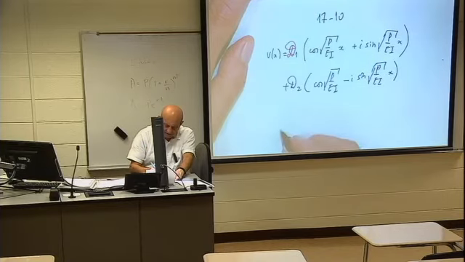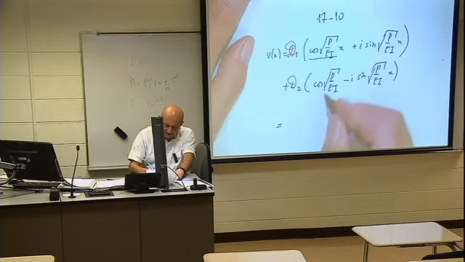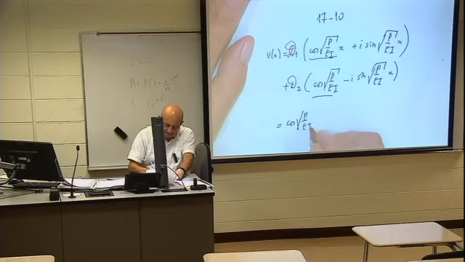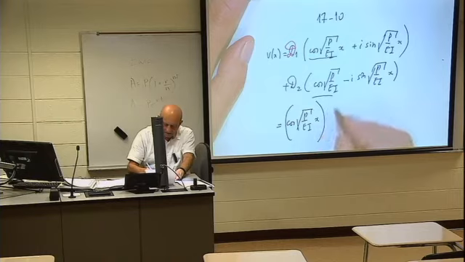Now this equals, we take cosine here and cosine here. Cosine p over EI x times d1 plus d2.